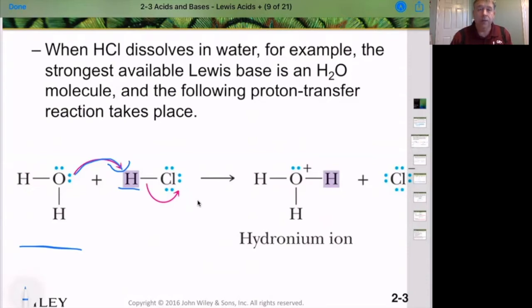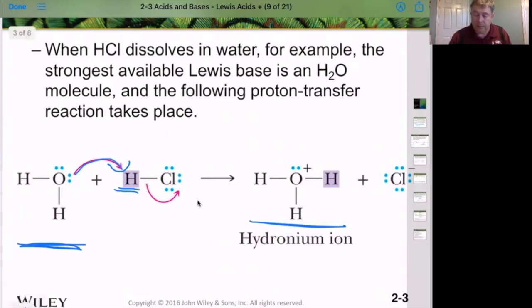In the Arrhenius case, we are creating hydronium ion; in Bronsted-Lowry, we are transferring a proton. But here, the hydrogen is our Lewis acid because it accepts a pair of electrons to create that new bond and form the hydronium ion. The base in this case is water because it has a pair to donate to that new bond.